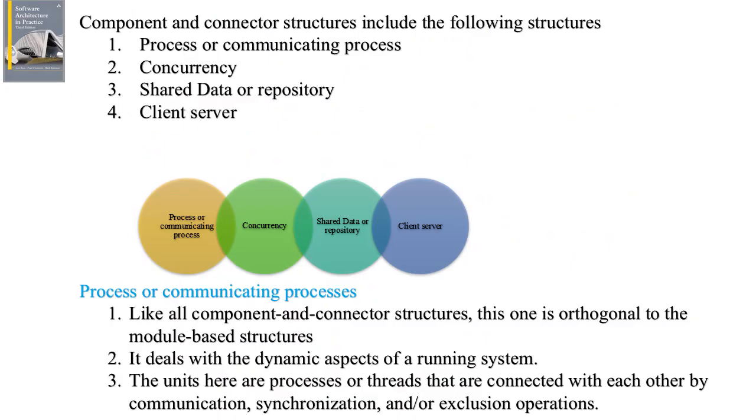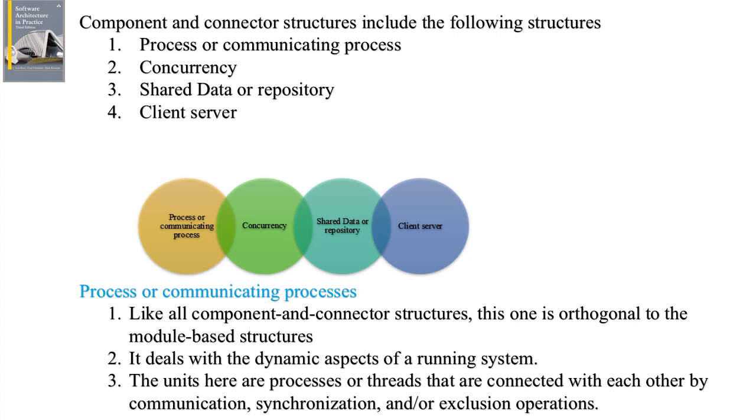Next, the component and connector structures include a set of structures. What are they? The first one is the process or communicating process. The second one is concurrency. The third one is shared data or repository. The fourth one is client server.